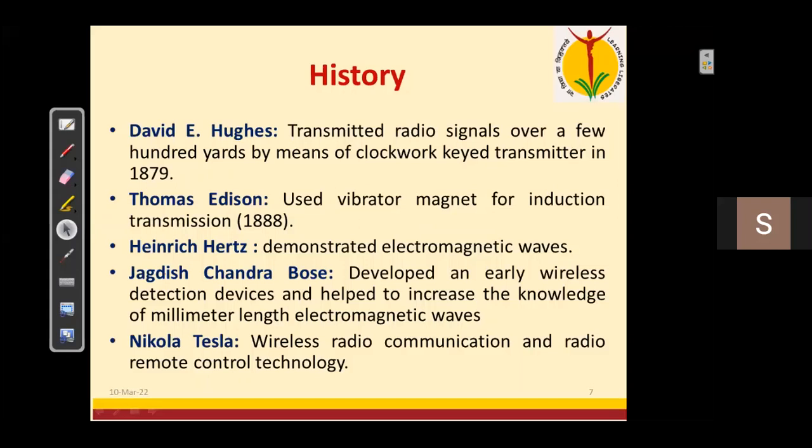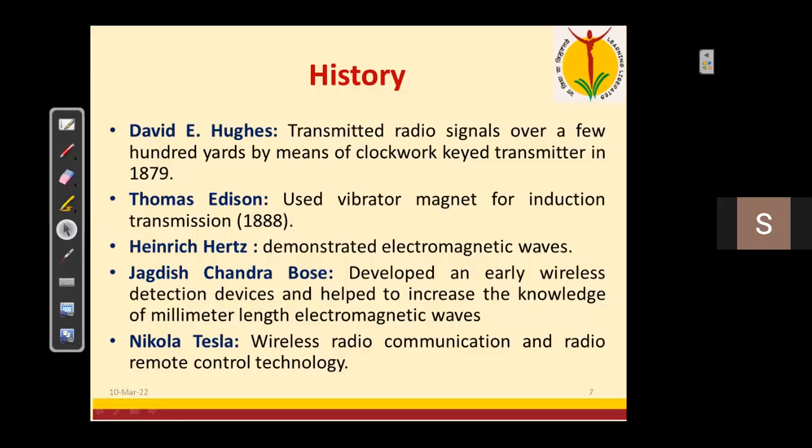But later, the induction principle came, and based on that, Thomas Edison used a vibrator magnet for induction transmission. Then in 1888 Heinrich Hertz first demonstrated how electromagnetic waves travel from one end to the other, but this was only a demonstration.